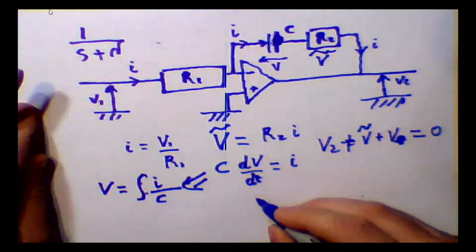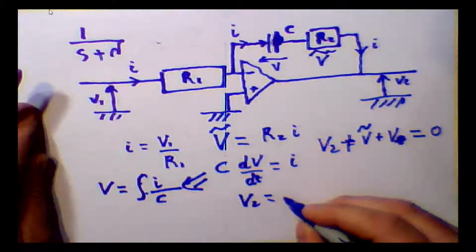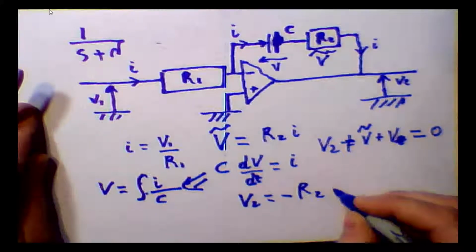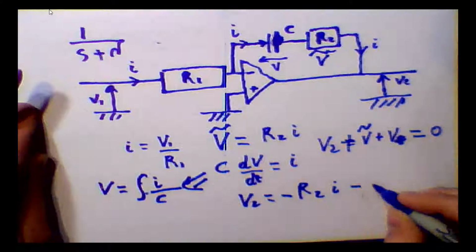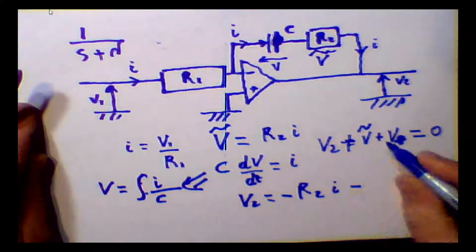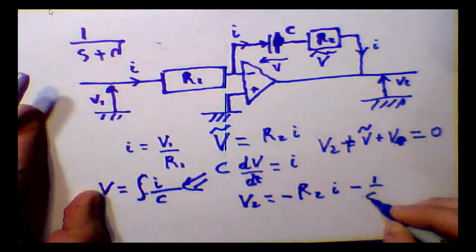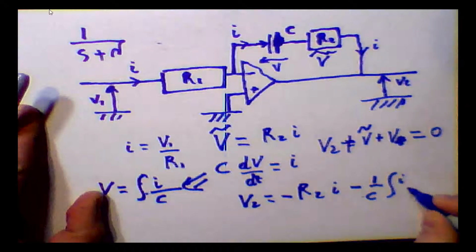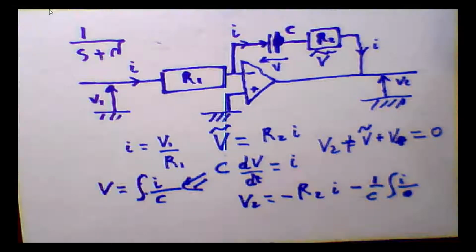Therefore, we can write that V2 is equal to minus V tilde, which is minus R2 times I, minus V, and minus V is minus 1 over C times the integral of I. Okay?